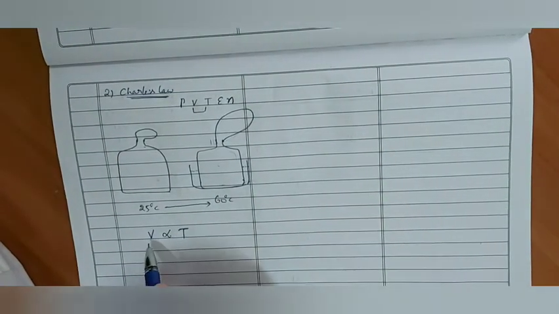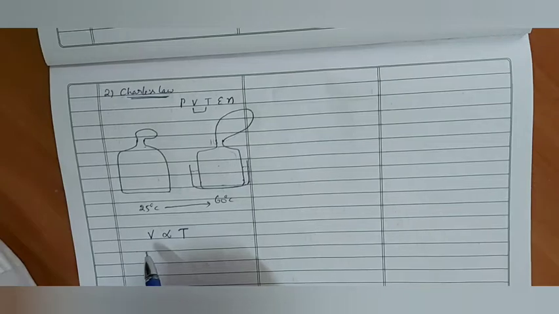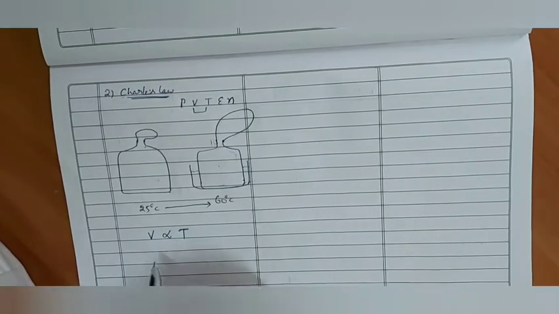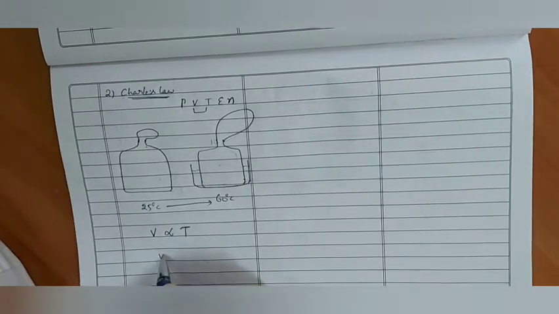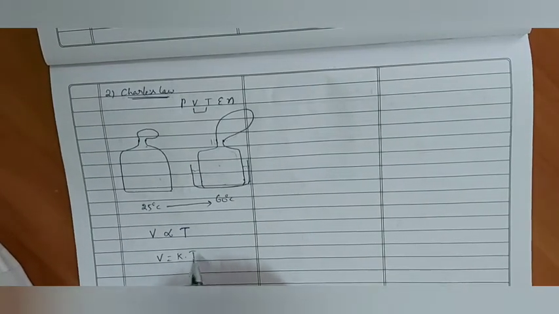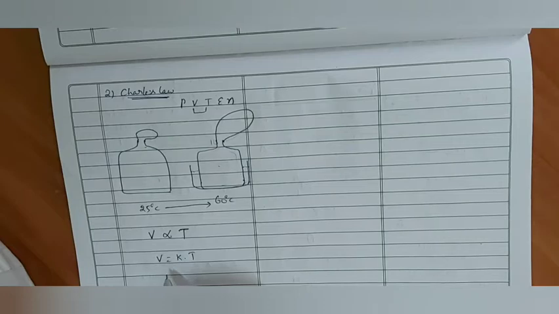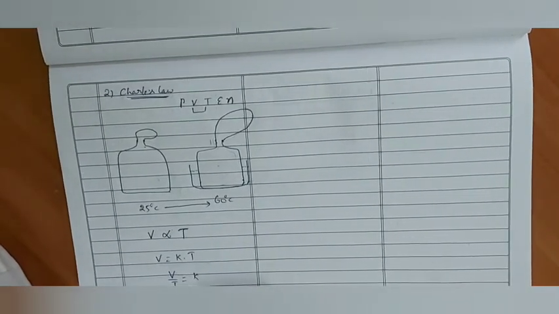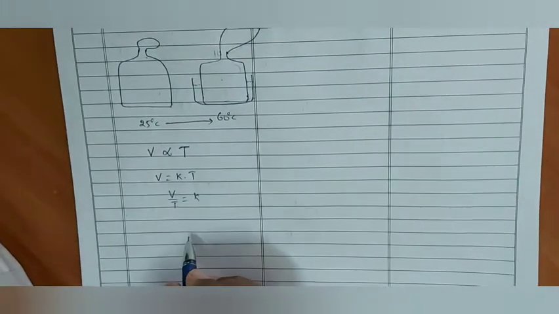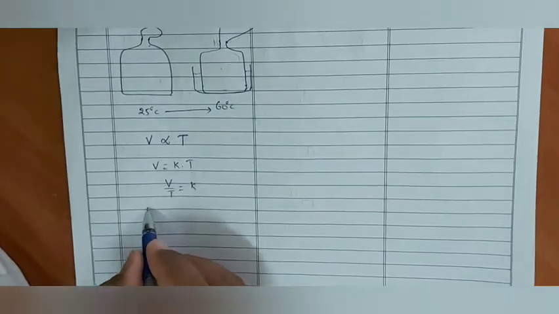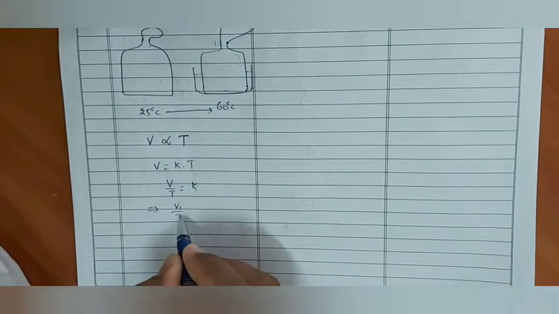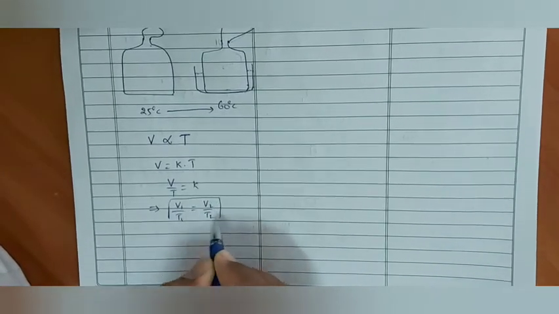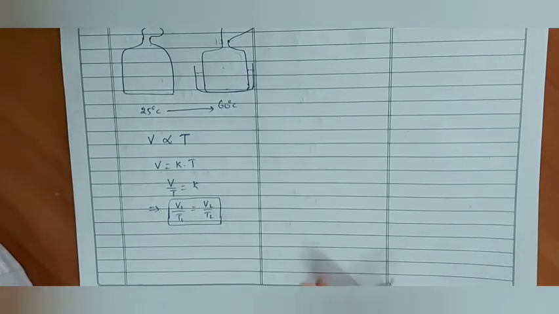Before that, first the relation between volume and temperature is V is directly proportional to T. V is equal to K into T. V by T is equal to constant. This implies V1 by T1 is equal to V2 by T2.